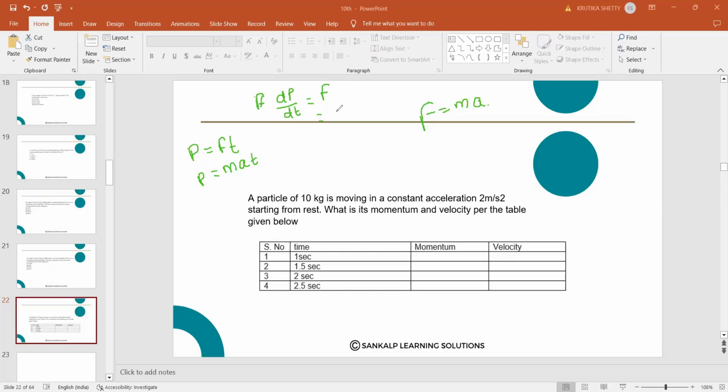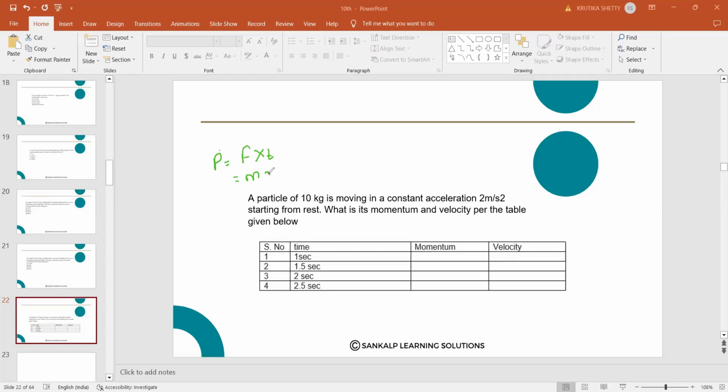So according to this, we can also write F into t is equal to momentum p. In this way we can take it. Therefore momentum is equal to force into time. So my formula is momentum p is equal to force into time.